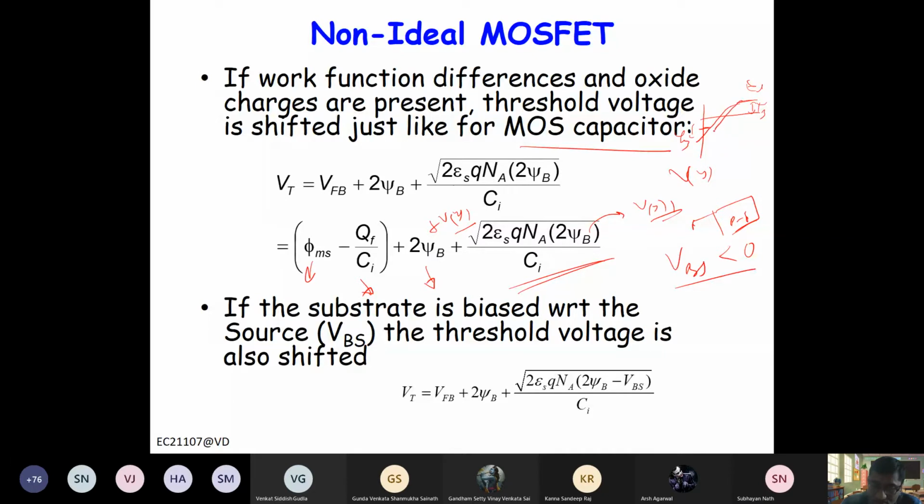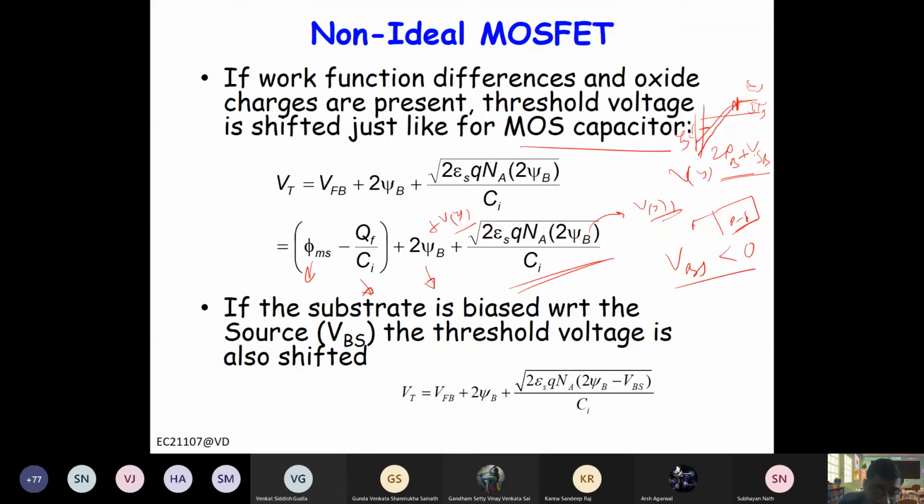So now this drop should be 2 psi B plus VBS, or you can say minus VBS or VSB. You can write VSB here. So now the depletion width will be more. The depletion width will include both the potentials, the 2 psi B and this VBS. So this will be a little bigger, and this will play a role.